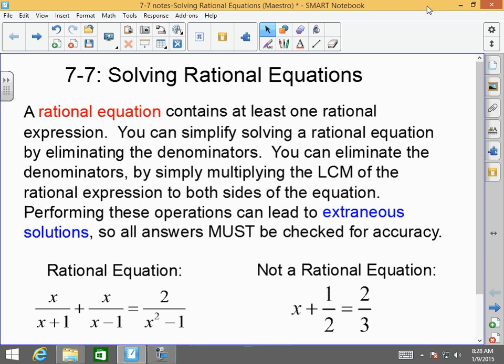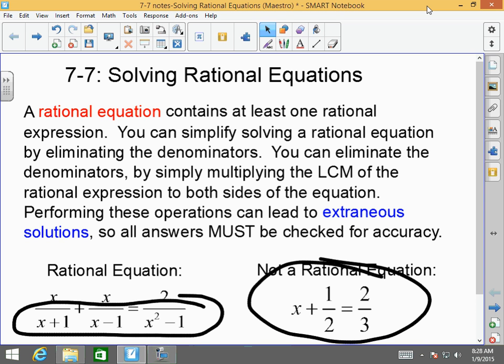Now here, as you can see on the left equation, this is a rational equation because there are denominators that include variables. On the right side here, this is not a rational equation. That is just simply an equation. In fact, it's a single step equation.